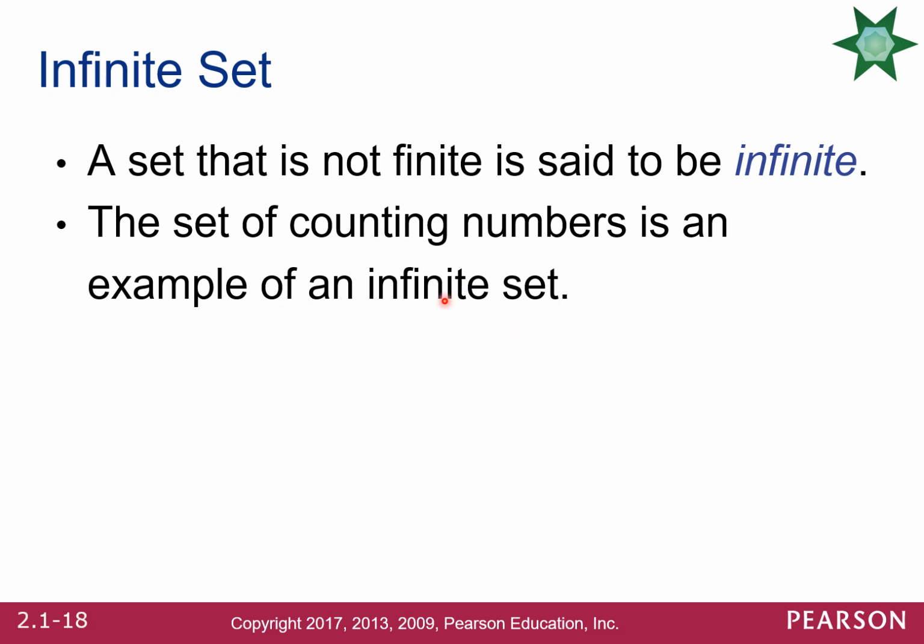A counting number, on the other hand, starts from zero, and you can keep counting to higher and higher and higher numbers, right? It can go to infinity. If we have a set of counting numbers, it's called an infinite set.